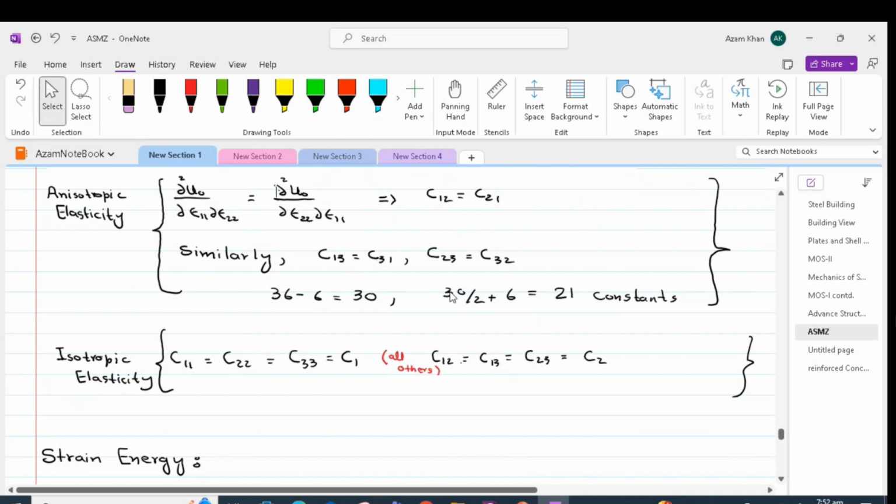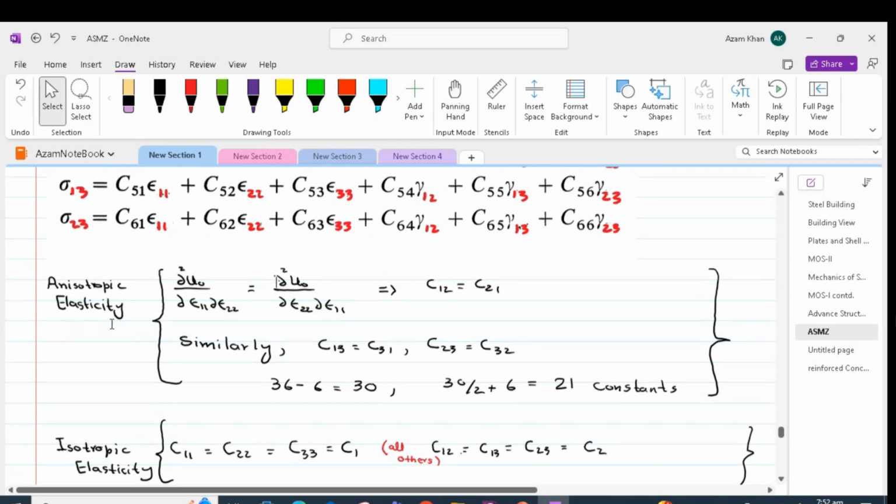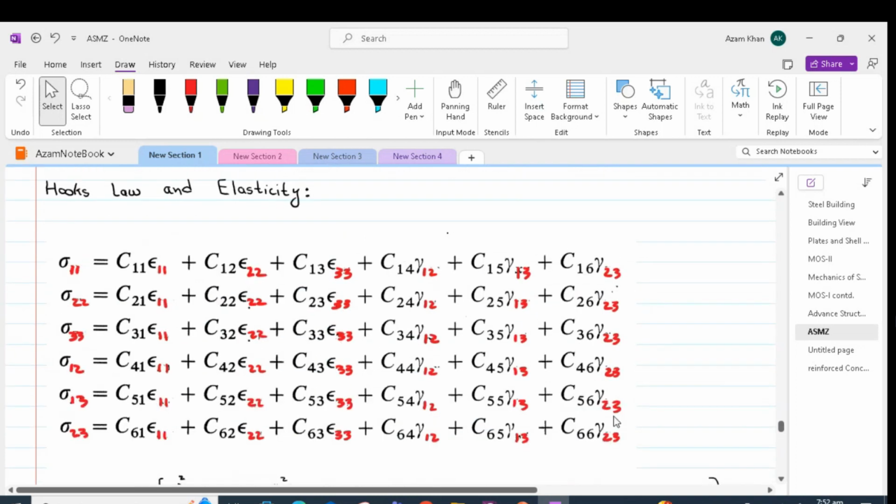So therefore we take 30 by 2 and add the 6 diagonals back, we get 21 constants. So in an anisotropic material, we would have 21 constants. In the case of isotropic material, which has the same mechanical properties in all directions, such as in the case of steel, regardless of the direction of the load, our stress-strain diagram will be the same.